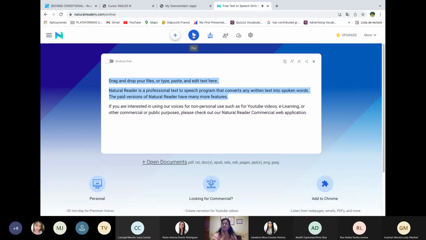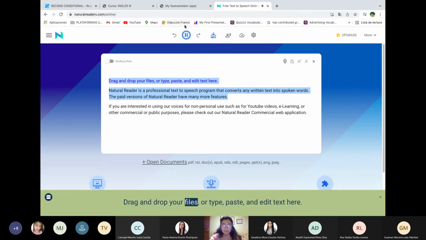Do you see? Every test that you copy and paste here, you can listen to several times until you get the pronunciation, and why not? You memorize the information that you are going to have. As you can see, there is here a play. When you say play, drag and drop your files.